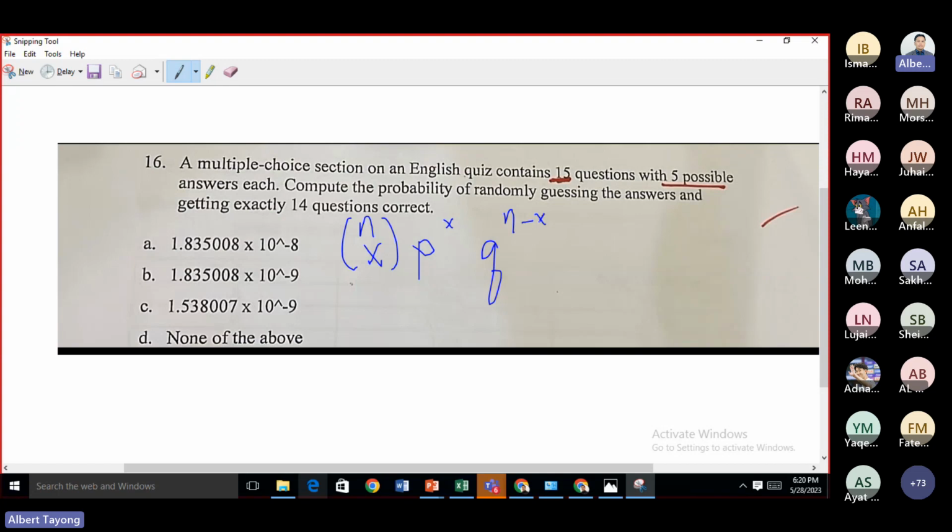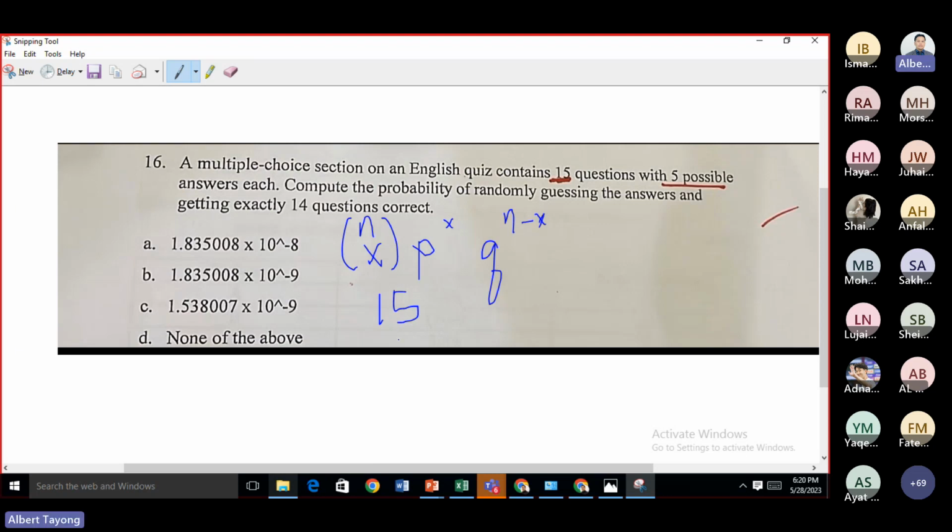This is not part anymore of our topic, but since you asked this question, we try to answer this. So here we have a combination, 15 questions. Okay, and we're going to choose exactly 14 questions correct.